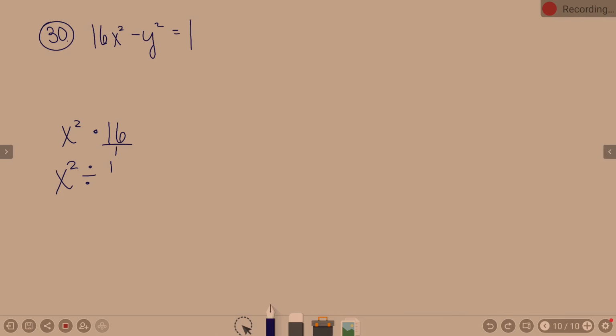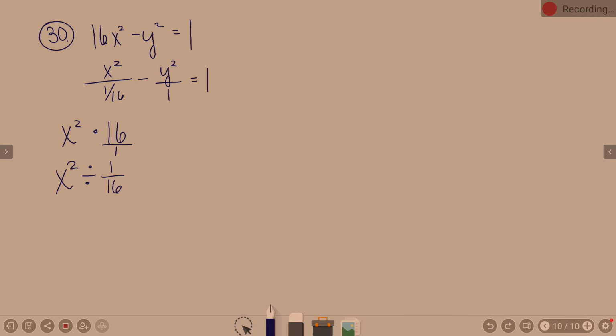So if this is x squared divided by 1/16, that's the same thing as keep, change, flip, right? x squared times 16 over 1. That's why the first thing I did is rewrite this: instead of 16 times x squared, it's x squared divided by 1/16. y squared is just y squared over 1 equals 1.